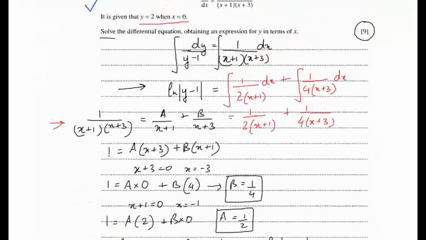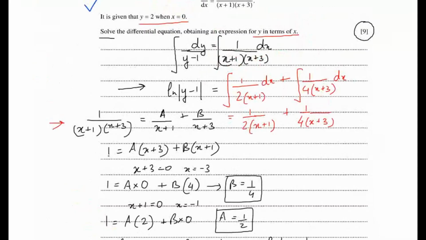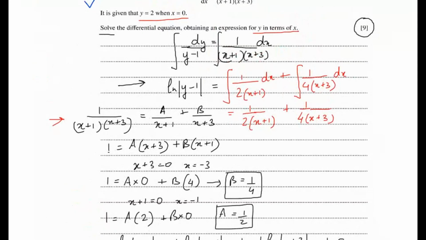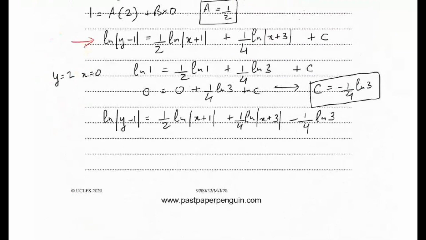It also says the expression should be y in terms of x. So we have the differential equation; we just have to present it in the right format with y as the subject. Since they're all log terms, we're going to combine everything on the right hand side.